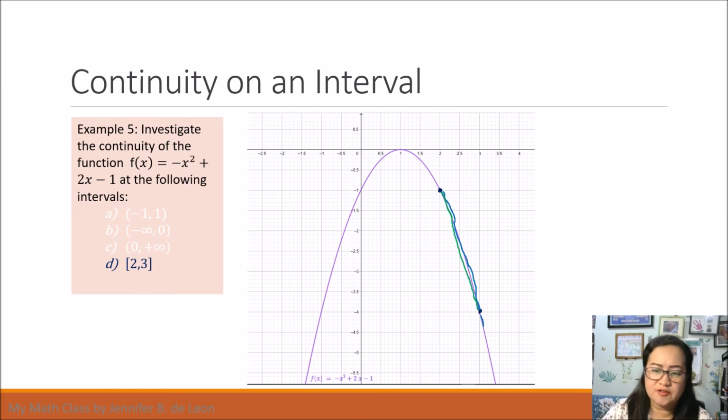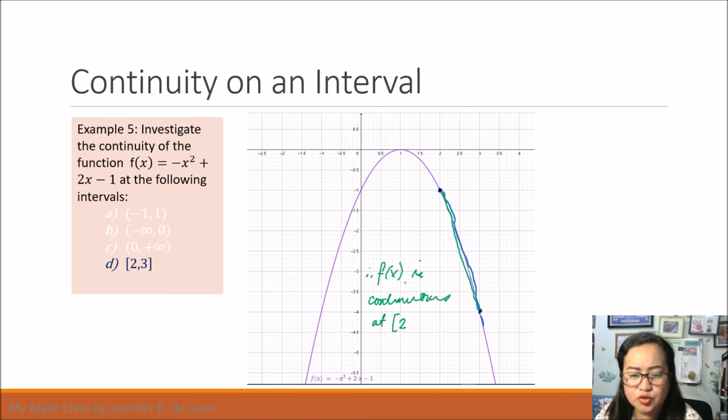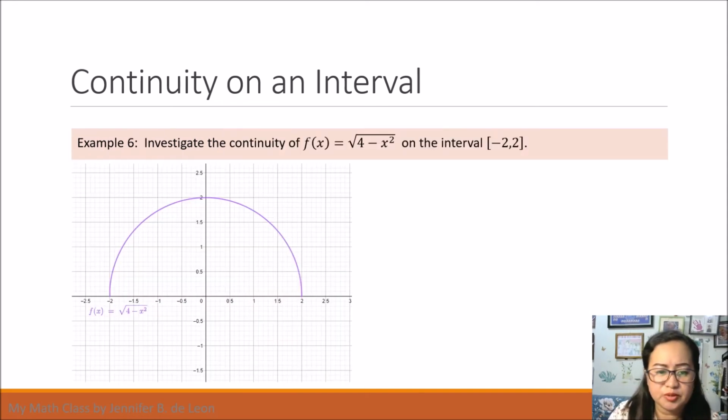We can see that we can trace the graph continuously from the right of 2 and from the left of 3 without lifting our pen. Therefore, we can say that f of x is continuous on the interval from 2 to 3.